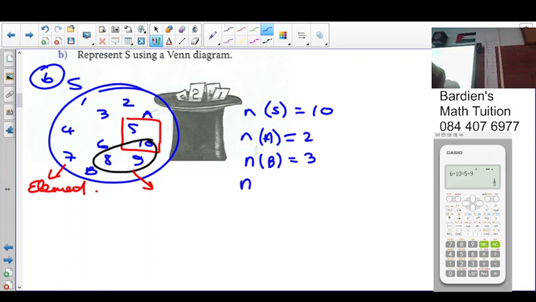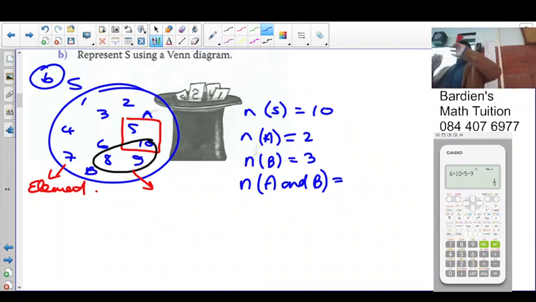What is the number in A and B? That means to say it is where it overlaps. Okay, it must be in set A and it must be in set B. What would that be? How many are in A and B? 1. It's only 10 that is in A and B. Can you see that?